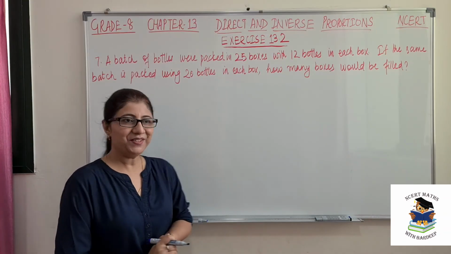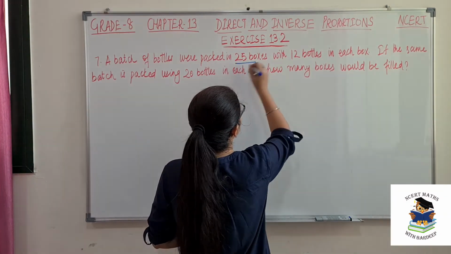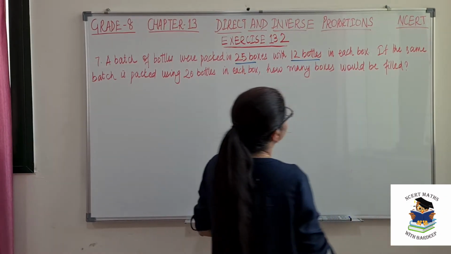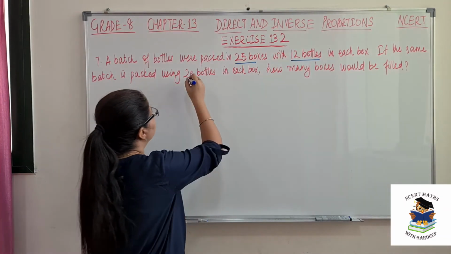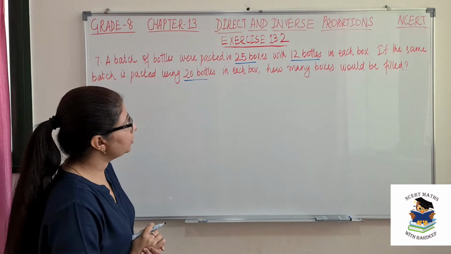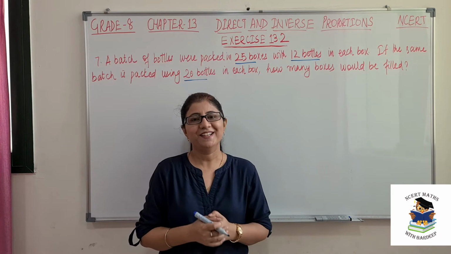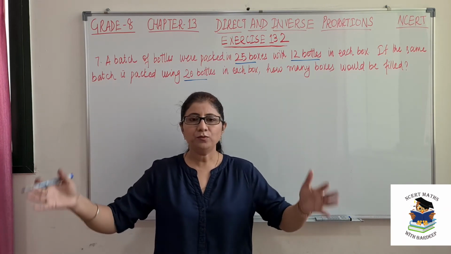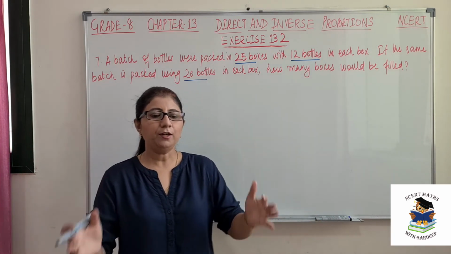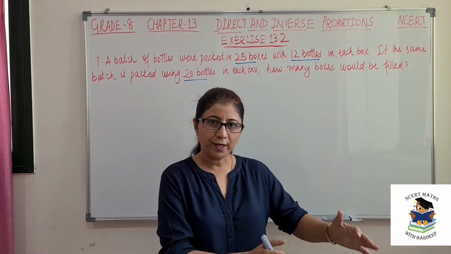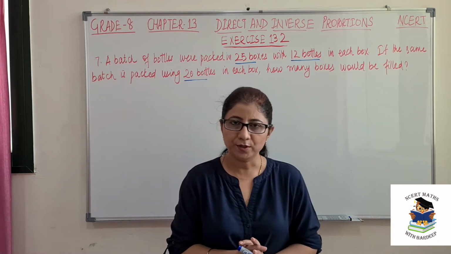So let's see our 7th question. A batch of bottles were packed in 25 boxes with 12 bottles in each box. If the same batch is packed using 20 bottles in each box, how many boxes would be filled? Let's first understand this question. Again, we are given a fixed number of bottles, that is, the batch is given. If we pack 12 bottles in each box, they told us that 25 boxes are needed.